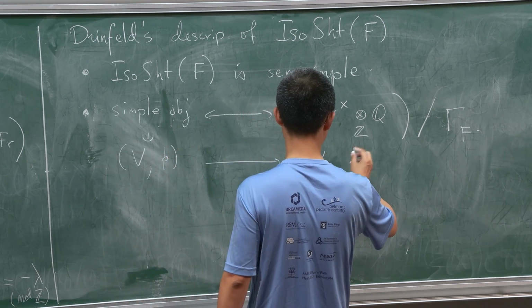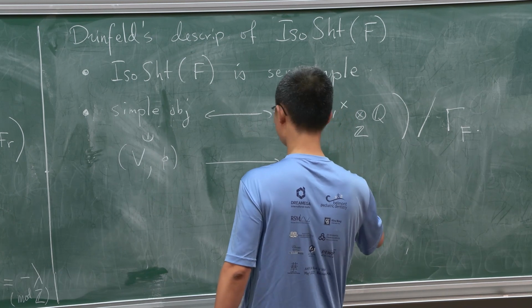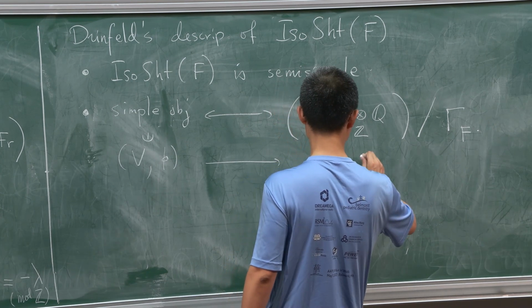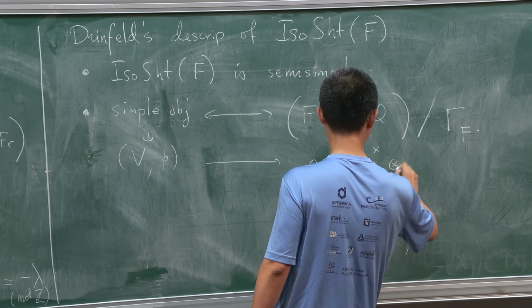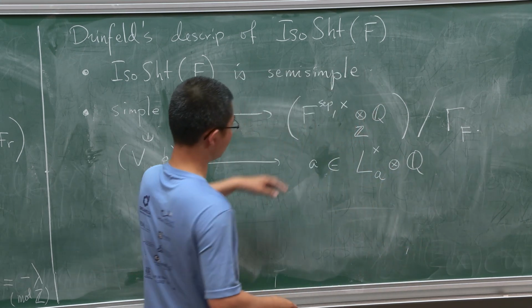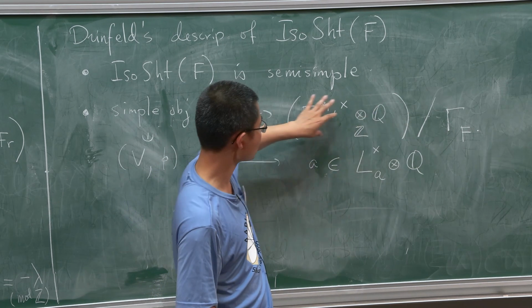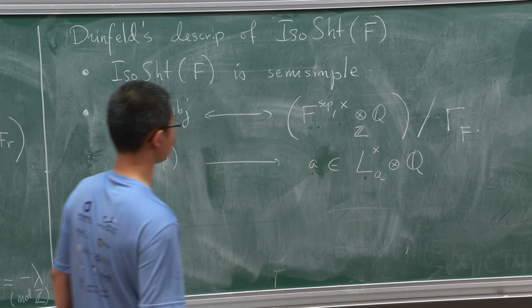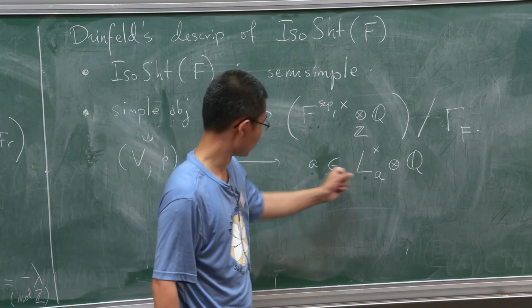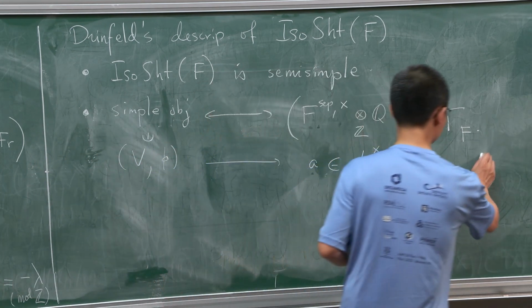So this is some invariant A that lies in L_A. I have some representative of the Galois orbit, and I pick the smallest separable extension where A lives.